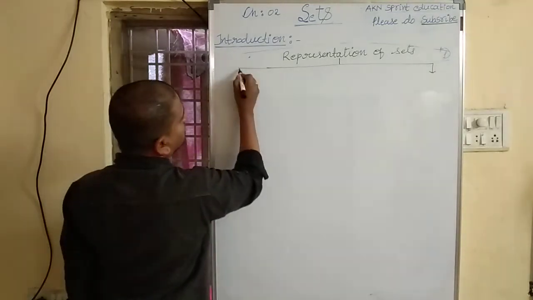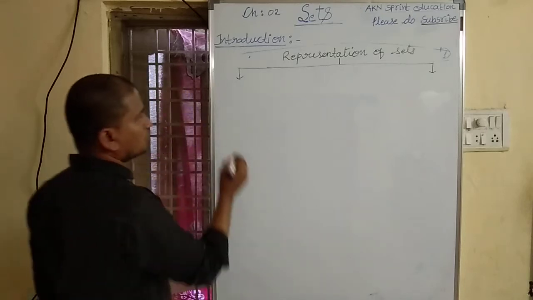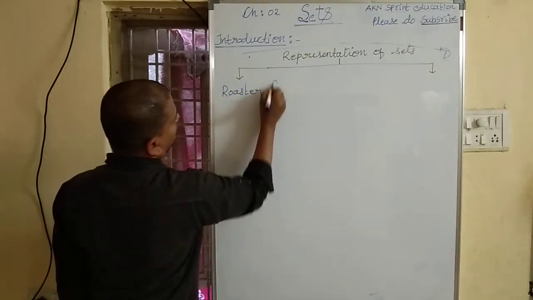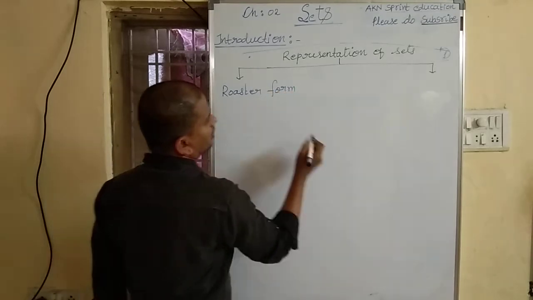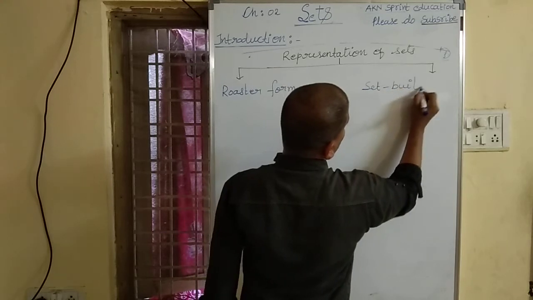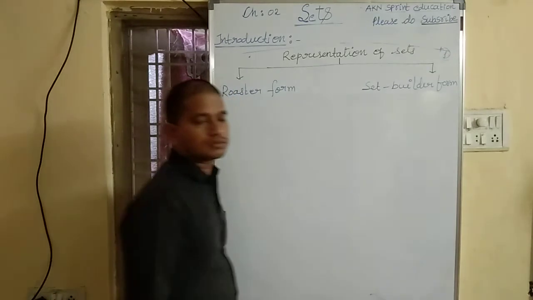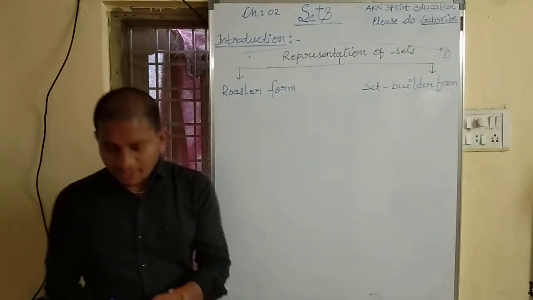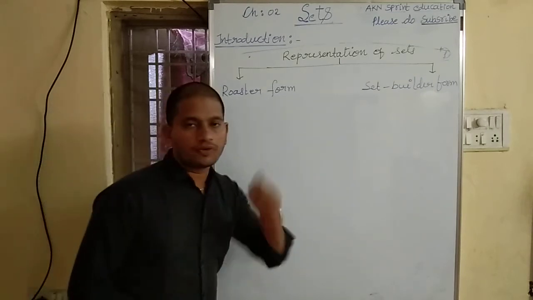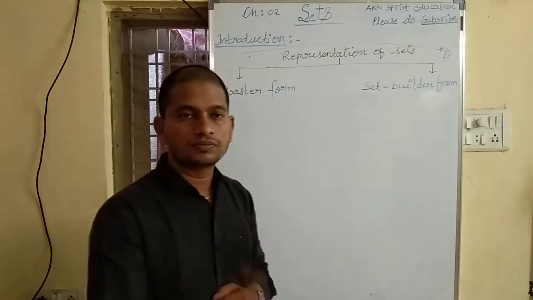We can represent sets in two forms. One is roster form, and the second one is set builder form. We can represent sets in two ways: one is roster form and the other one is set builder form.